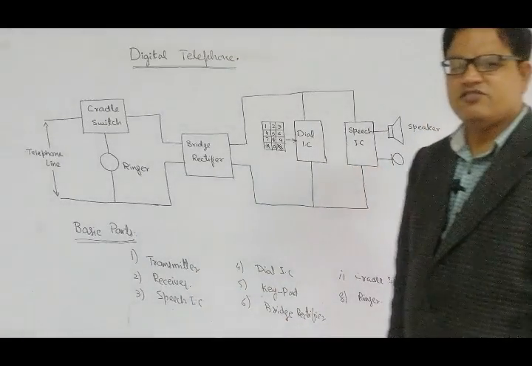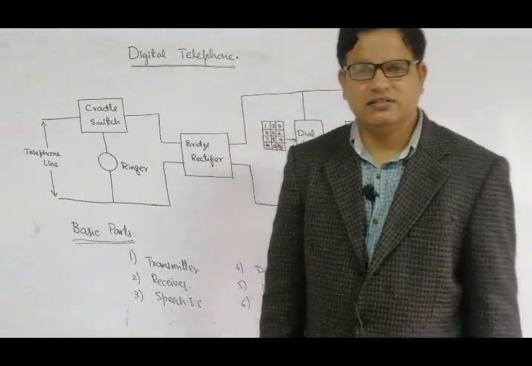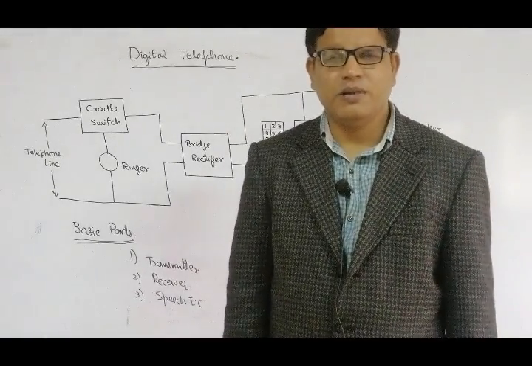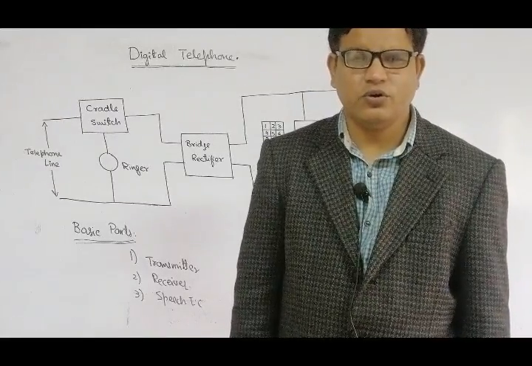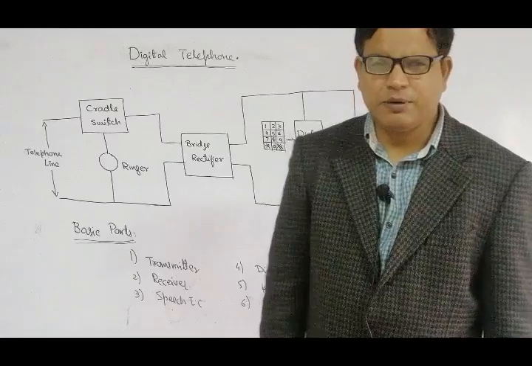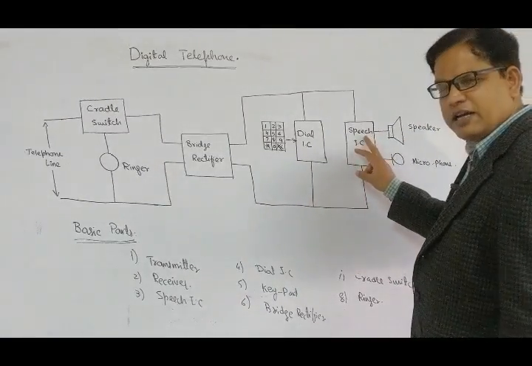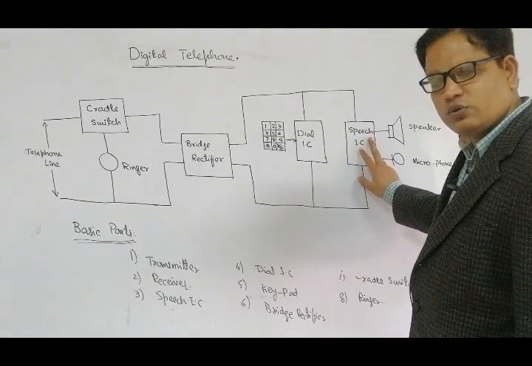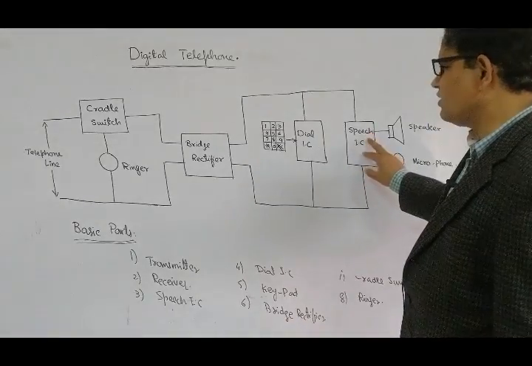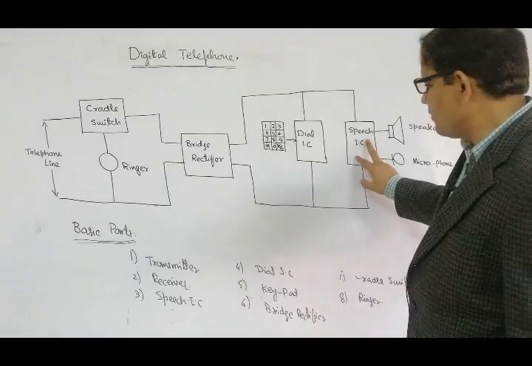Speech IC is the IC which matches the electrical signals towards the speaker or the microphone. The basic purpose of the speech IC is to convert a four-wire connection to a two-wire connection, or two-wire to four-wire, when the signals are coming from the telephone exchange.